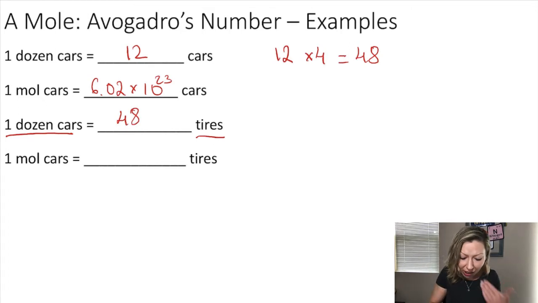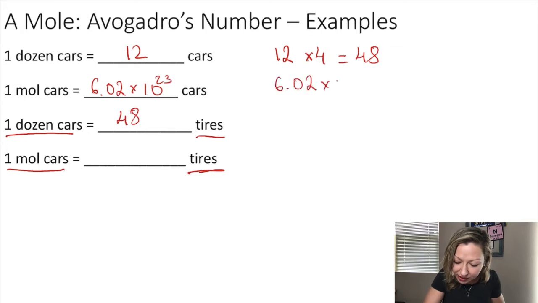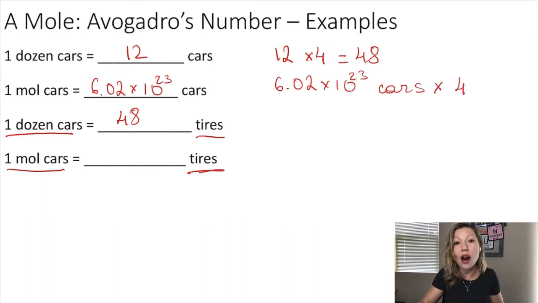Okay, now what if I have 1 mole of cars? How many tires do I have? Well, the same way, I just take 6.02 times 10 to the 23rd cars and multiply that by 4, right? Because in each car, I have 4 tires.